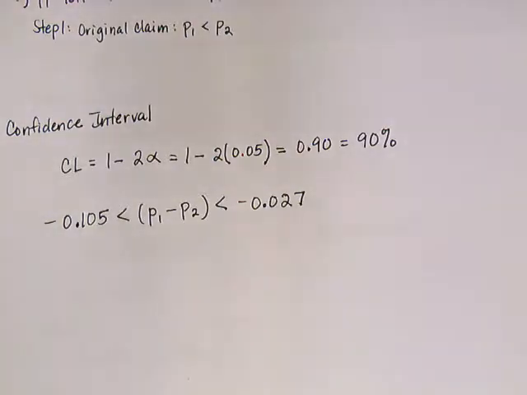Okay. So that would conclude this particular video on doing the hypothesis testing for a claim made about 2 population proportions and constructing a confidence interval estimate of the difference between the 2 population proportions.